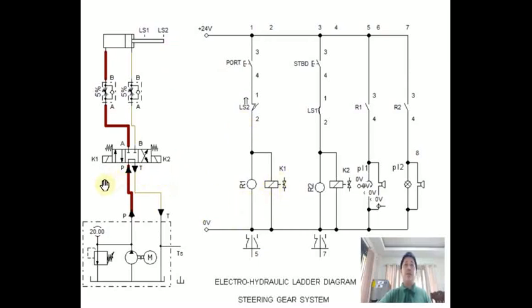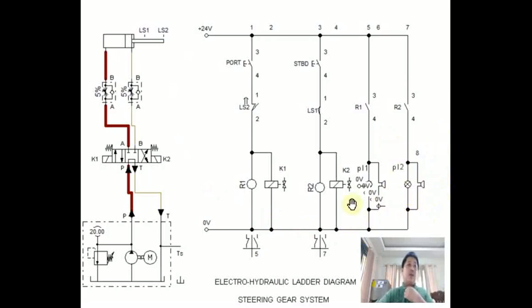So your solenoid valve K1 is on the port side here, and your solenoid valve number 2, which is K2, is located on the starboard side. So you have also here the hydraulic cylinder. You have the LS1, which is limit switch 1, and LS2, limit switch 2. So in the electrical system here, you have the buzzer and the indicator light.